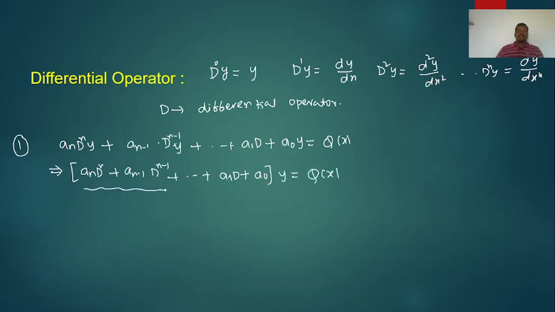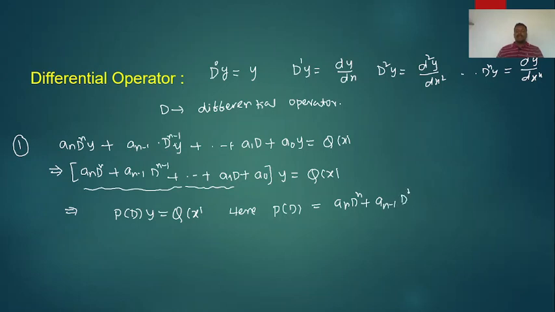Say this term is equal to P(D). So P(D) y = Q(x). Here P(D) = a_n D^n + a_(n-1) D^(n-1) + ... + a_1 D + a_0 is called a polynomial operator of degree n.